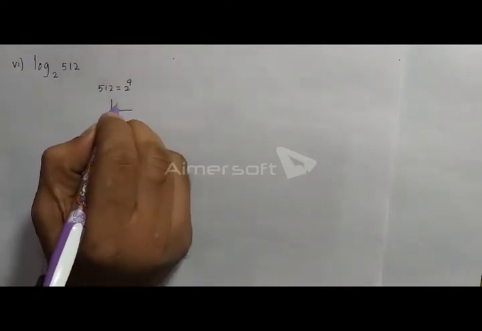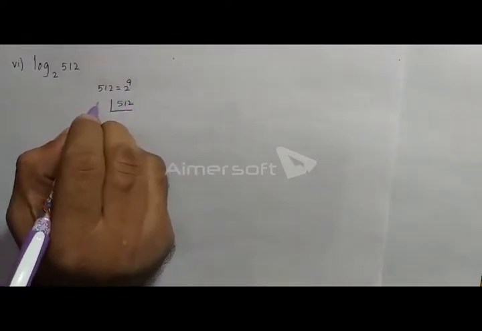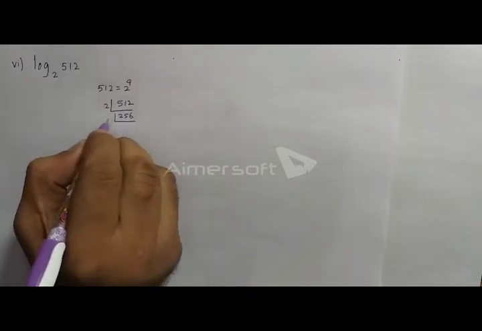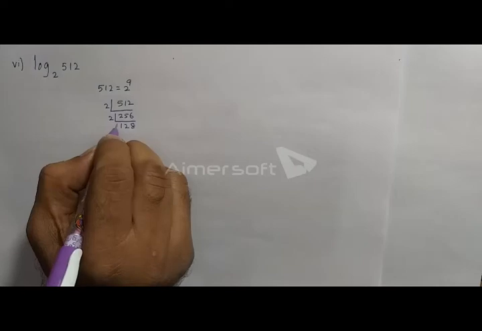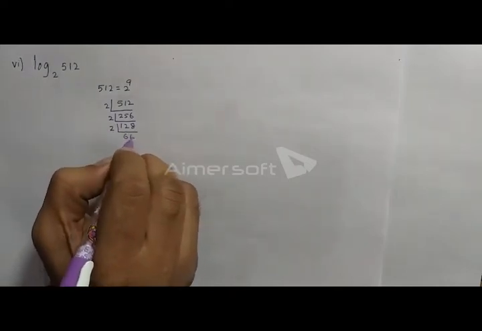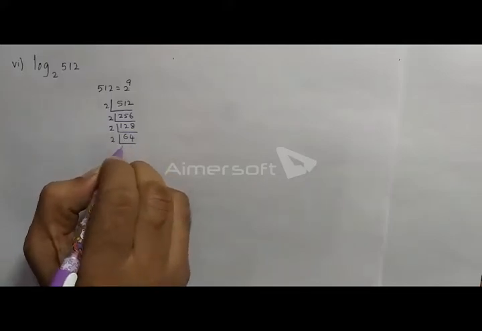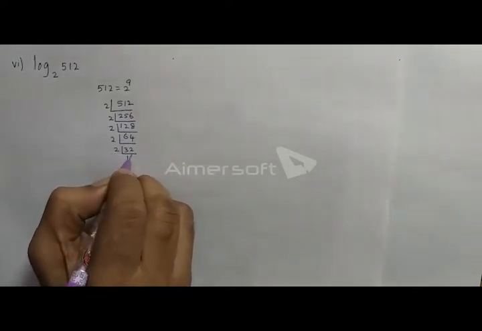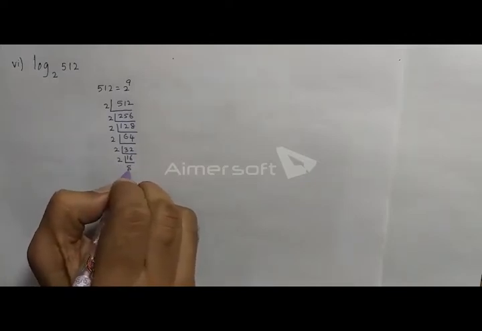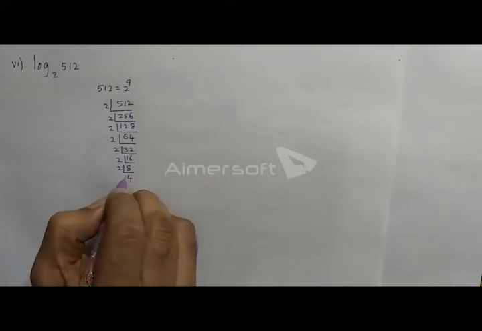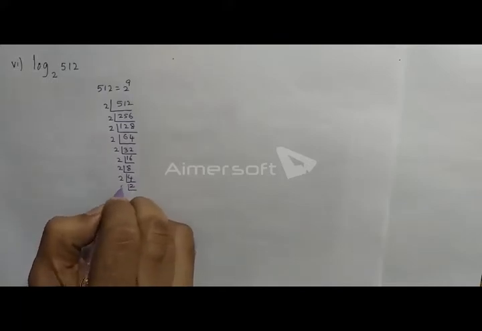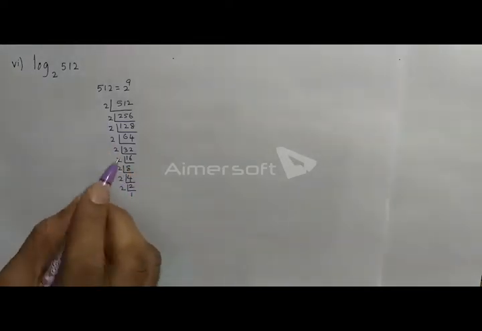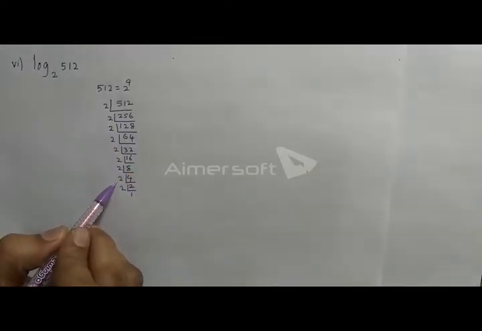Yes, 512 to 256, 256 to 128, 128, 64, 32, 16, 8, 4, 2, 1. Counting the twos: 1, 2, 3, 4, 5, 6, 7, 8, 9.